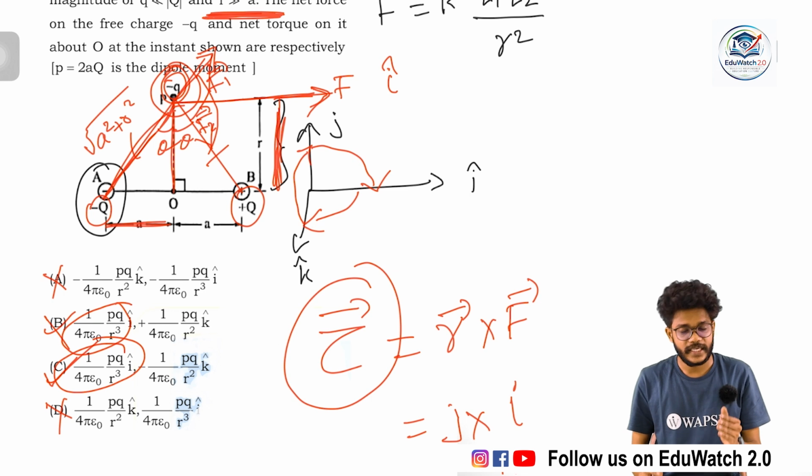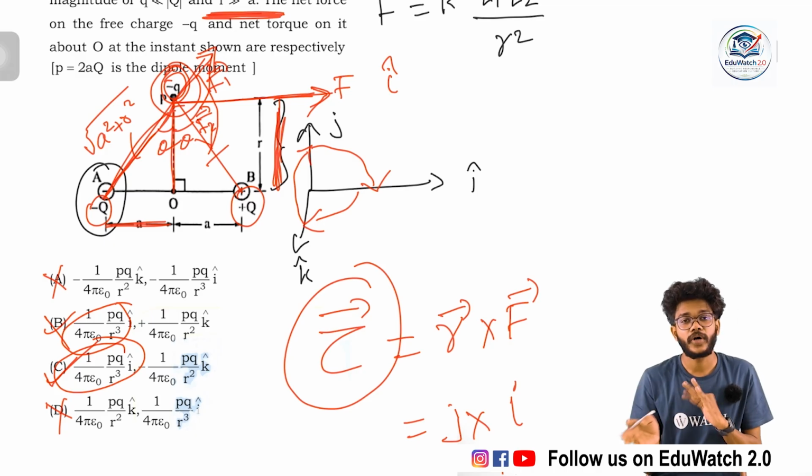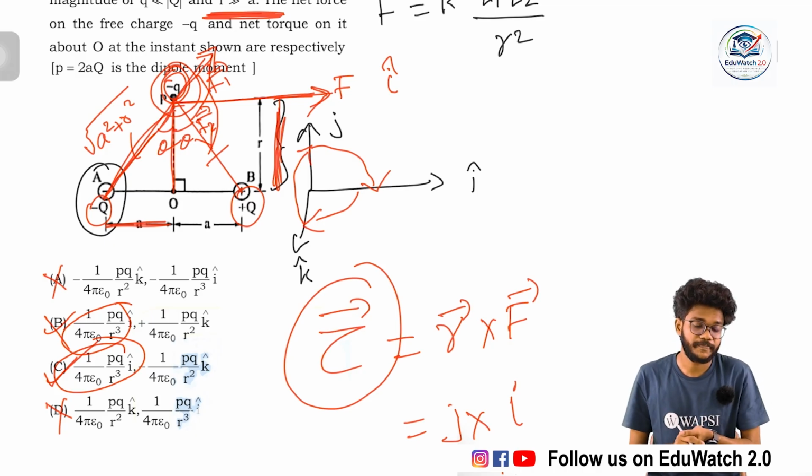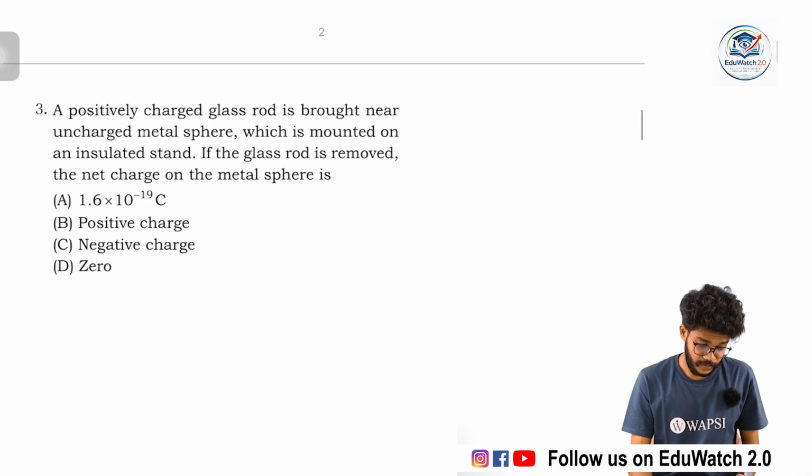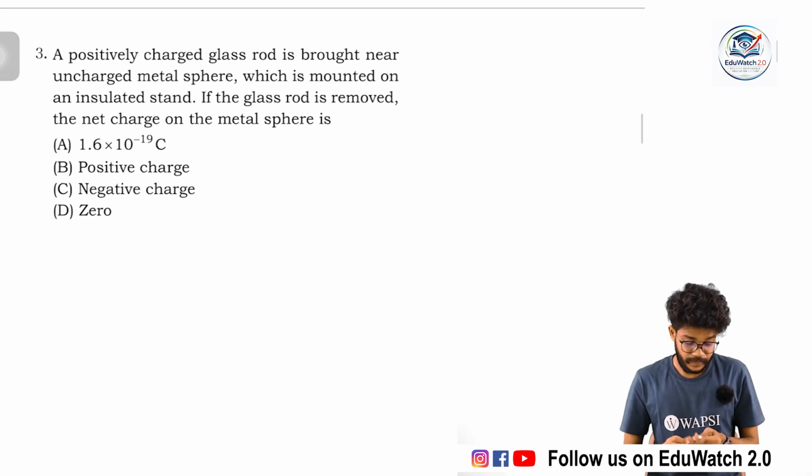We easily get that value, but that is too lengthy. Please focus on the direction, to save our time. So we can move to the next question, the third question.